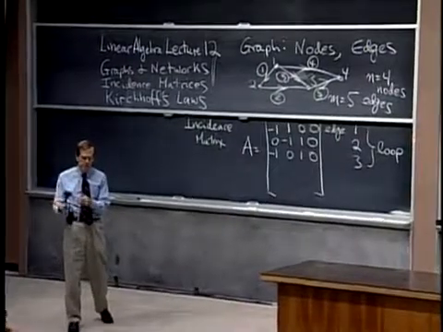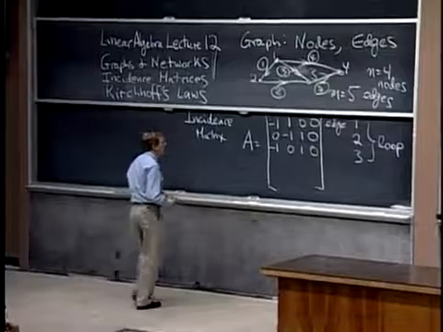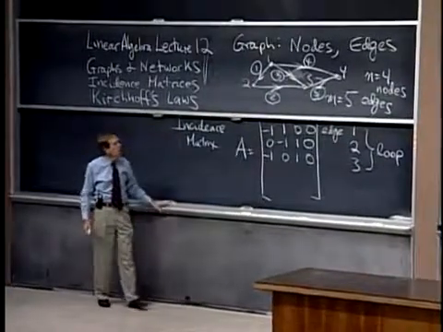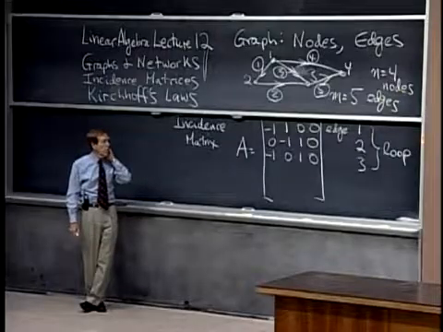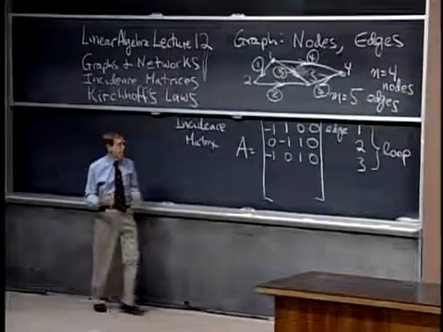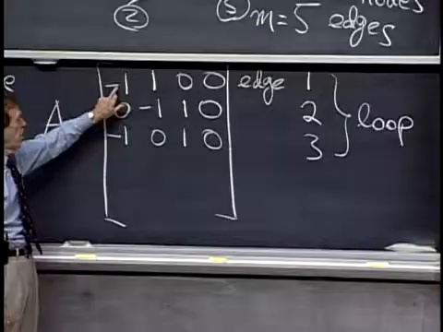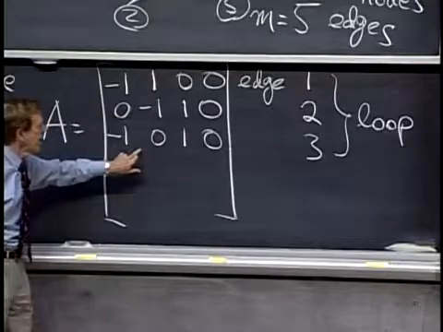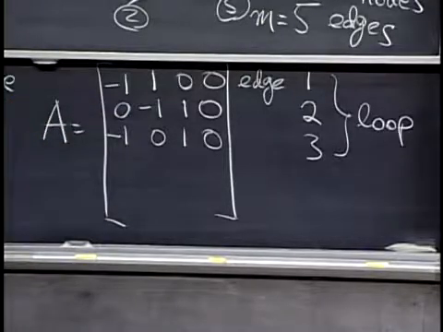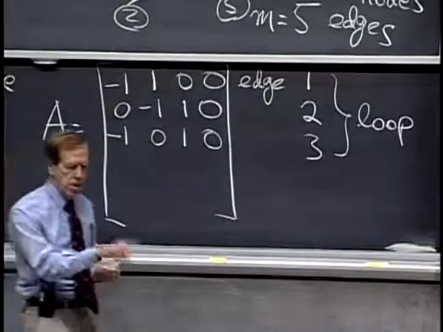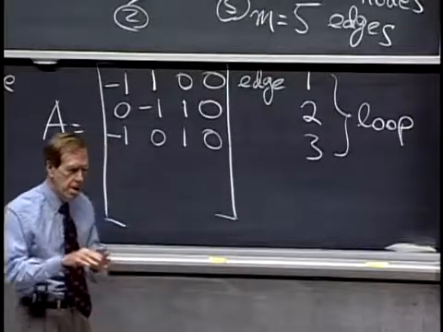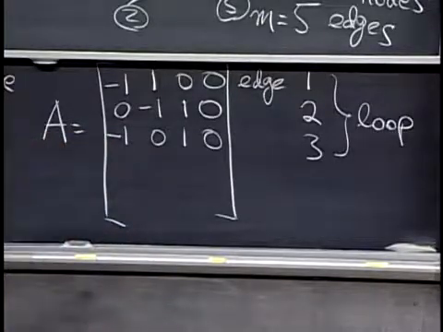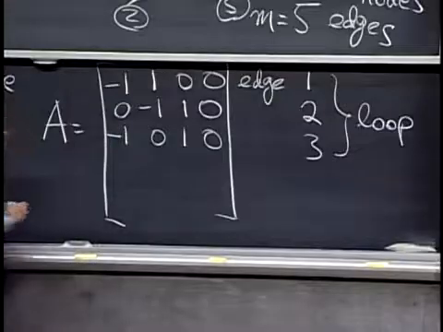Can you tell from looking at that? Do you see a relation between those 3 rows? Yes. If I add that row to that row, I get this row. So that's a hint that loops correspond to linearly dependent rows.